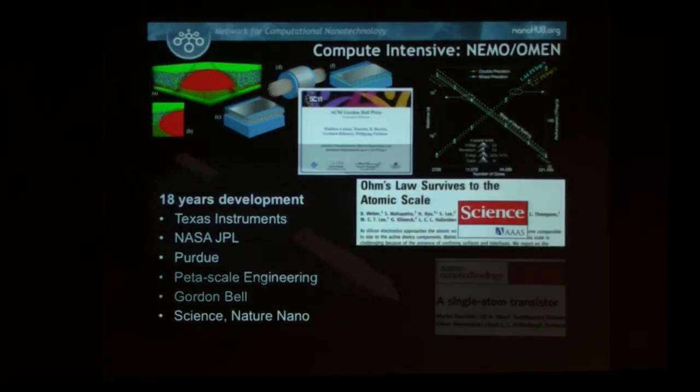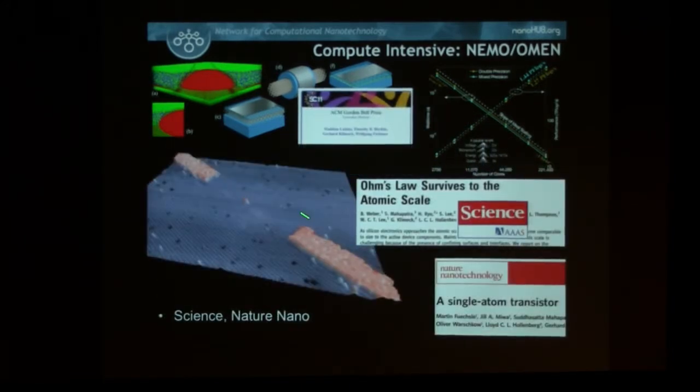So that's cool. The same code base can deal with transistors that consist of basically a single phosphor atom. So we published in Science and Nature Nanotechnology, so some reputable journals. And if you invite me back, I'll talk about the single atom transistor some other time. I don't have time to talk about that today.